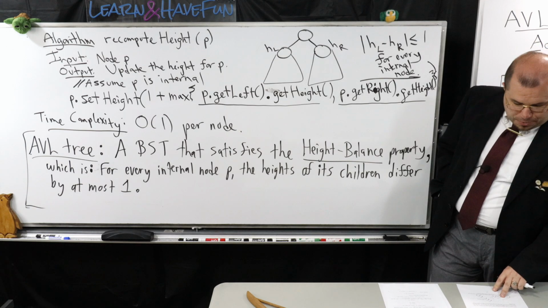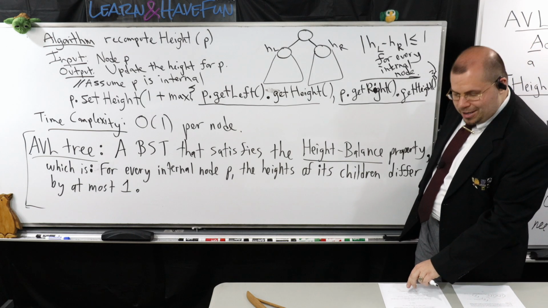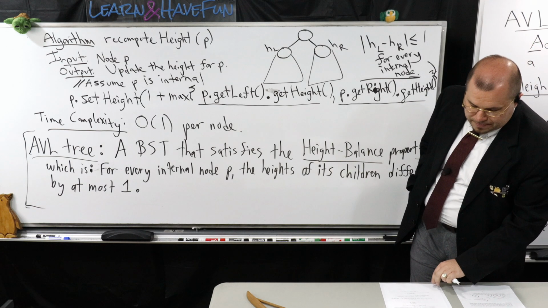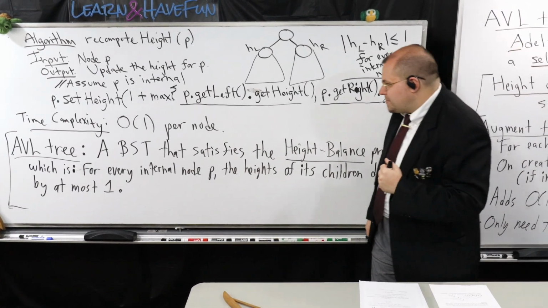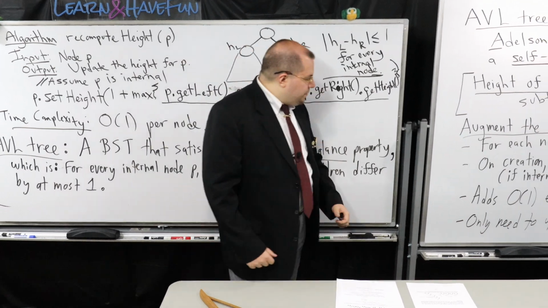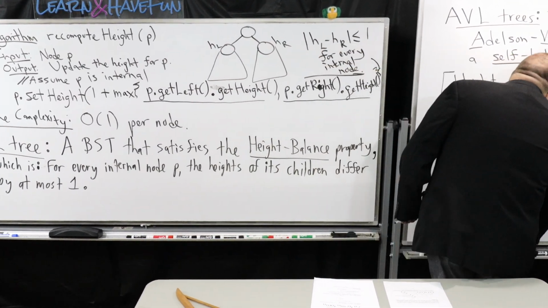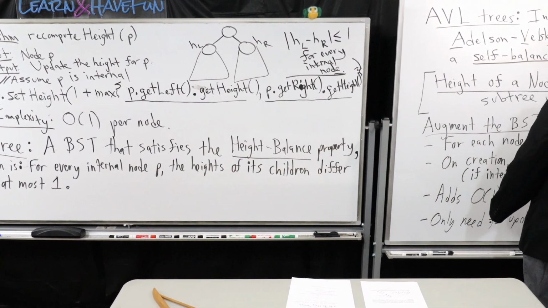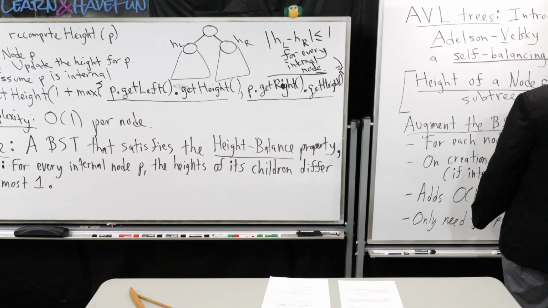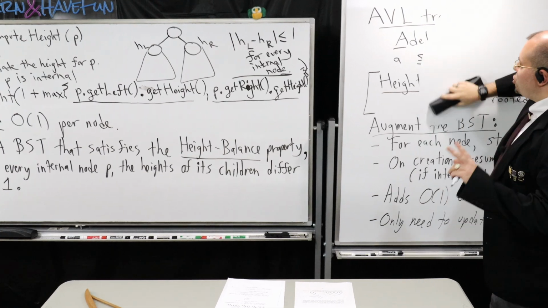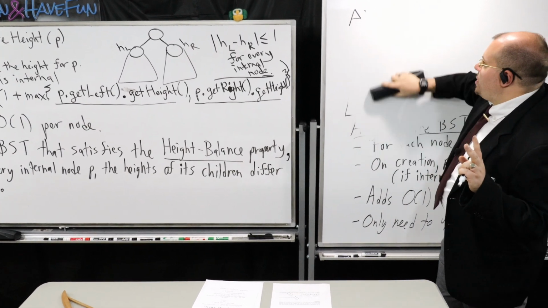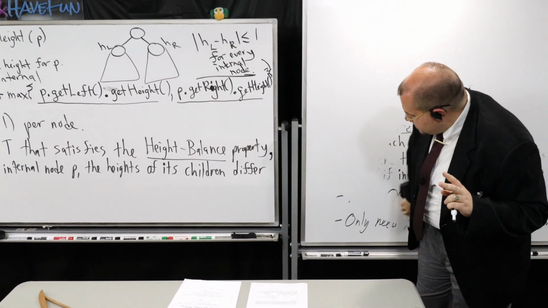So I'm going to tell you a couple of neat properties, if there aren't any questions about AVL trees. The first thing I wanted to bring up, and I'll make a note of this because it is quite relevant for what we're going to do here, is that there are two properties I really want you to be aware of about AVL trees.